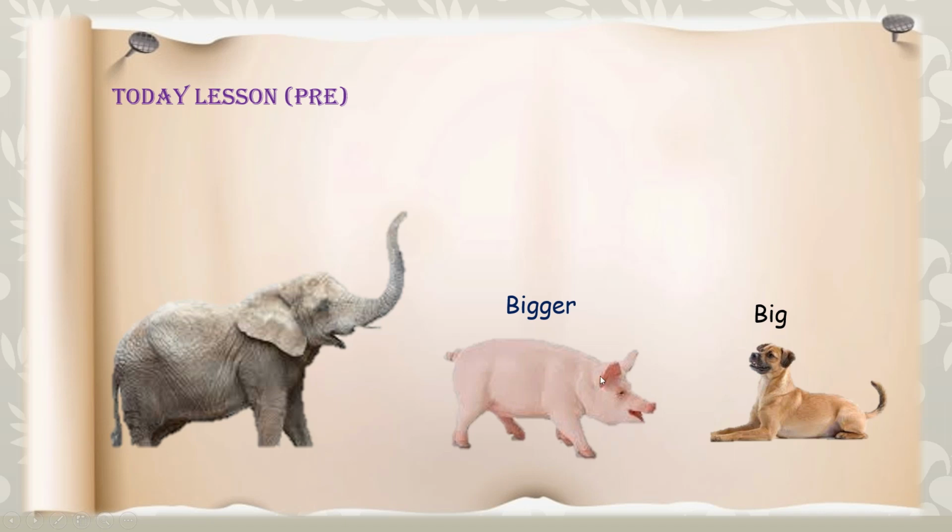But if we want to compare these three things, what kind of grammar should we use? Once again, if you want to compare these two things, the pig and the dog, we use the comparative adjective. We can say the pig is bigger than the dog.